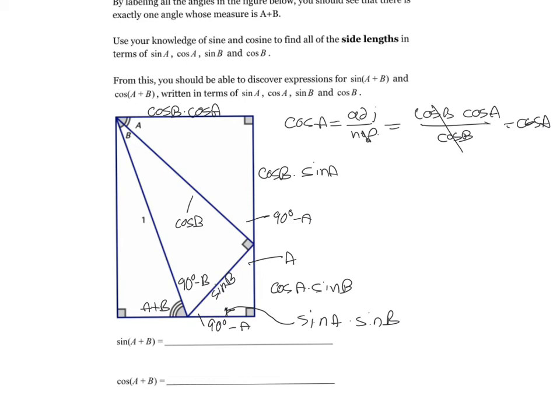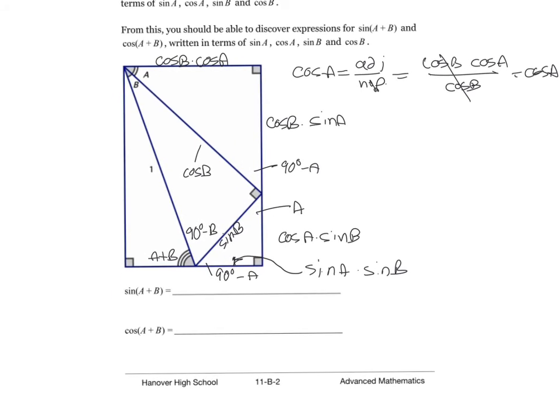So I'm going to write the next line just a scooch lower. So we want to figure out sine of A plus B. So here we have angle A plus B. This hypotenuse for this right triangle over here is 1.